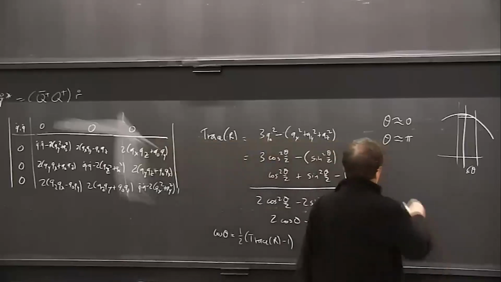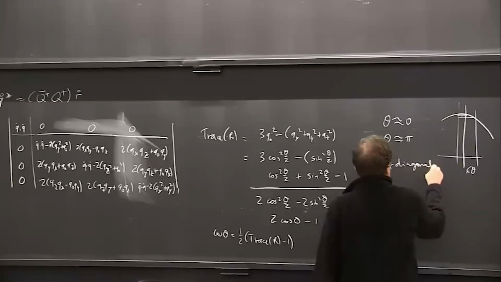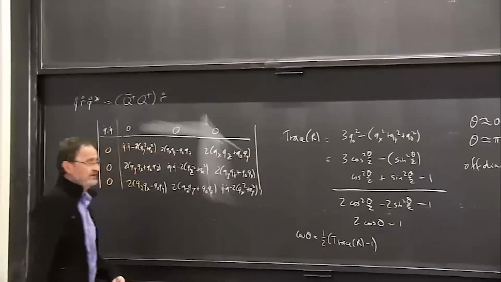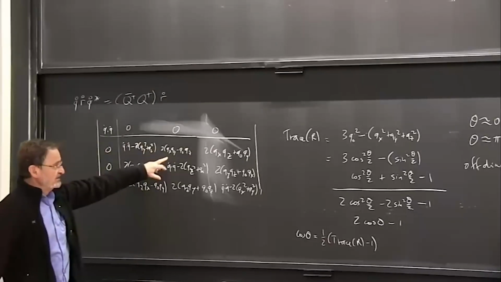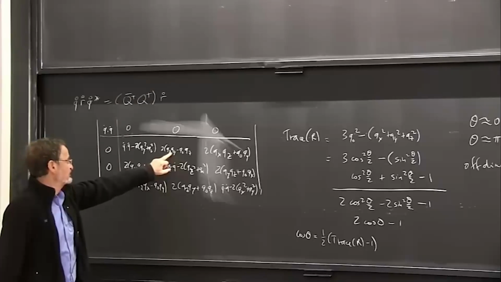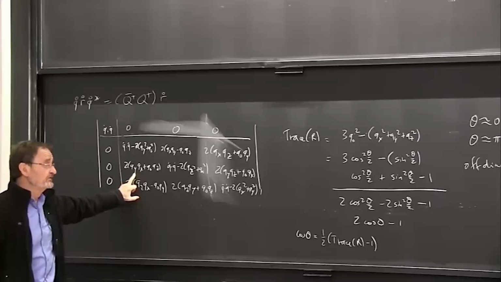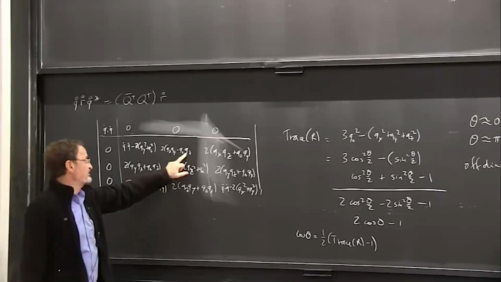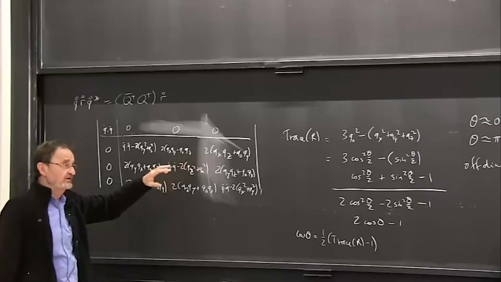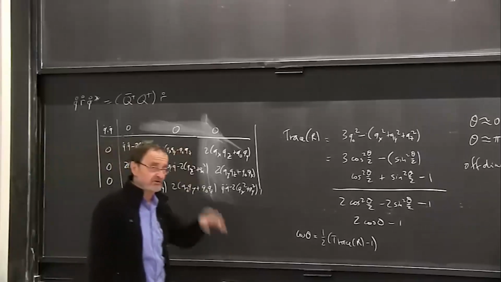So what do we do? Well, we use the off-diagonal elements, right? Because the off-diagonal elements all depend on the sine of theta over 2. And then it depends on whether we're going to use the symmetric part, like qx, qy, which would then depend on sine squared of theta over 2, or the asymmetric part, which is q0, qz, which is going to depend on sine theta over 2 times cosine theta over 2, which is the double angle formula for sine theta.